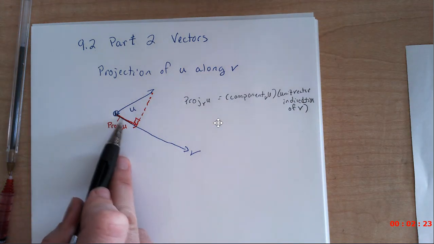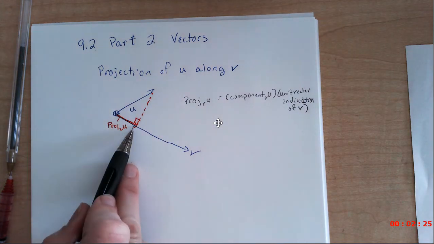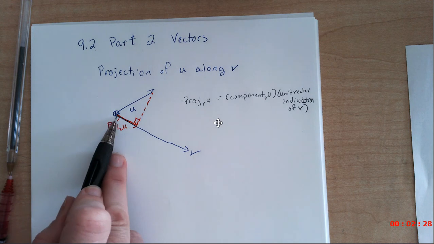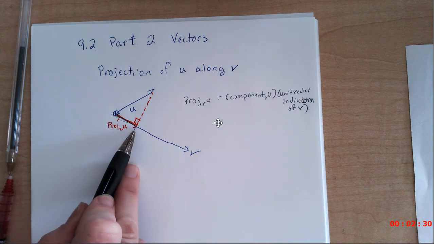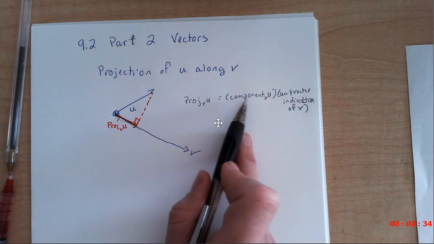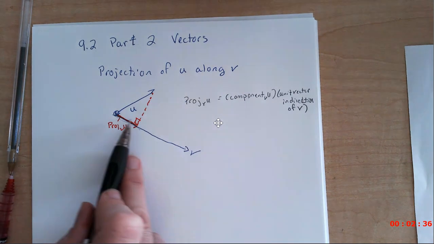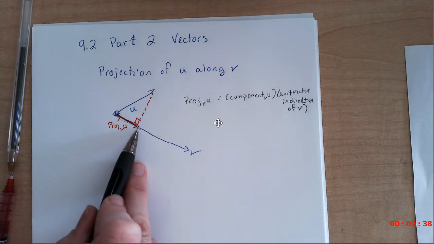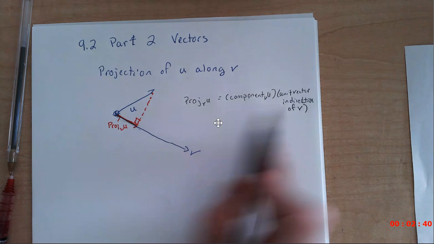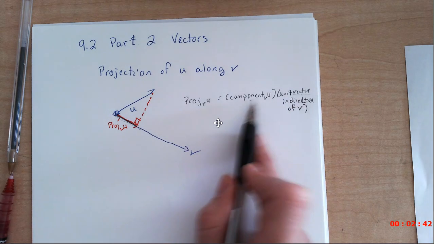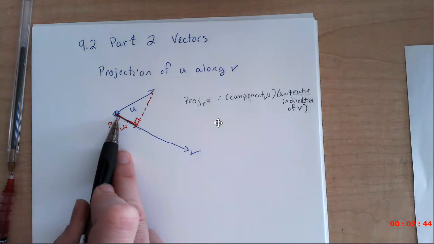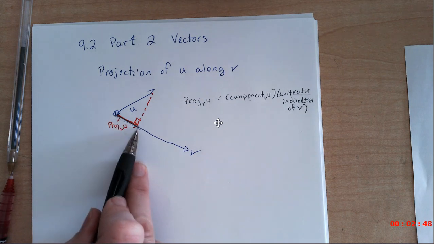Because the component of u along v is the scalar measurement, so the length of this section that's along the v direction. So we already know how to do that. And then if we take a unit vector, so that would make it a vector. This is a scalar, this is a vector. So unit vector, so length 1, along v, so that will get the direction part of the vector.